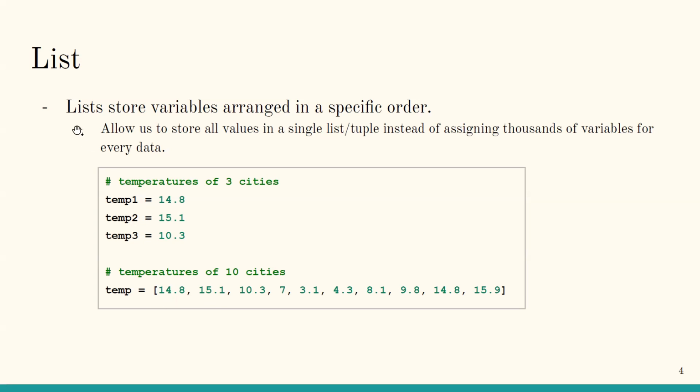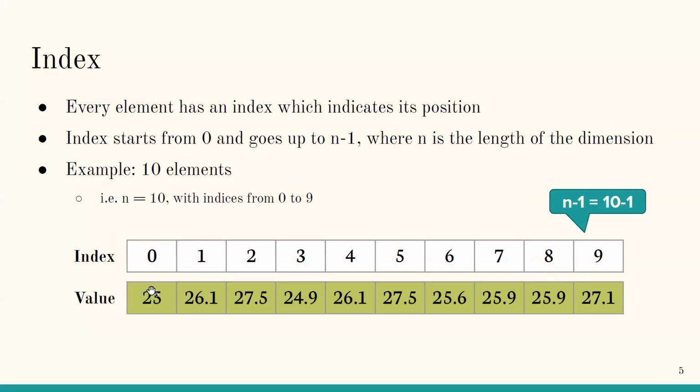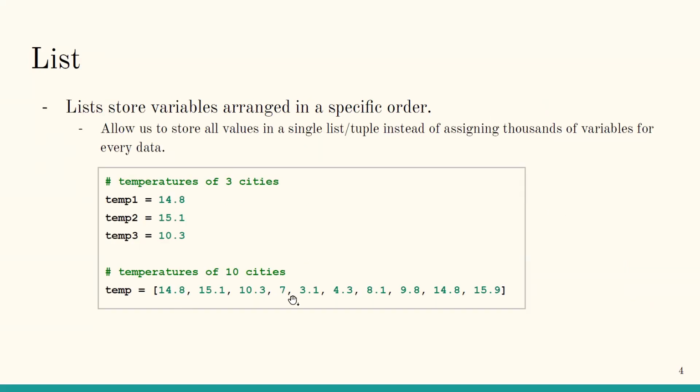But with the help of a list, which has square brackets here, and you have 10 numbers, you can use the list to save 10 values of temperatures. This is an example. They're separated by commas. Remember that, okay?